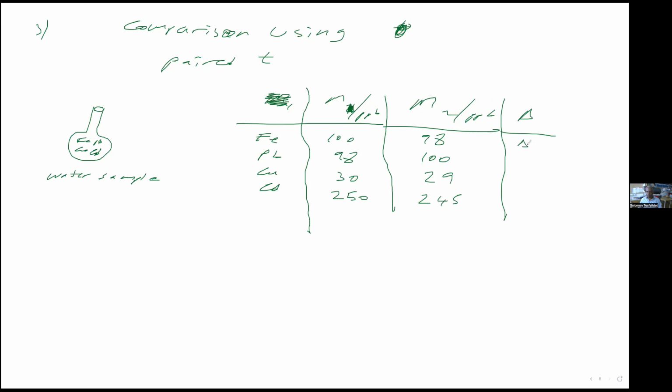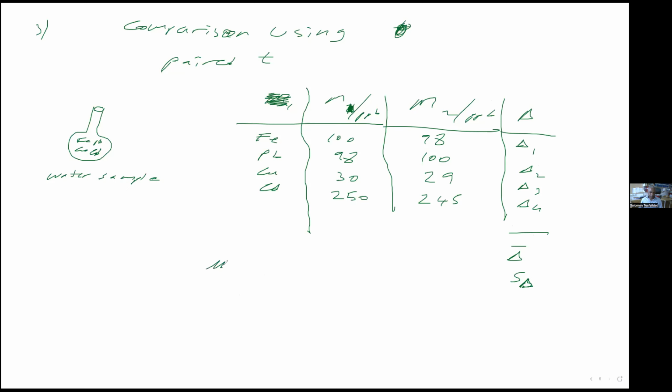We talk about delta 1, delta 2, delta 3, delta 4, and so on. And we take the average and the standard deviation for these differences: the average of differences and the standard deviation of the differences.